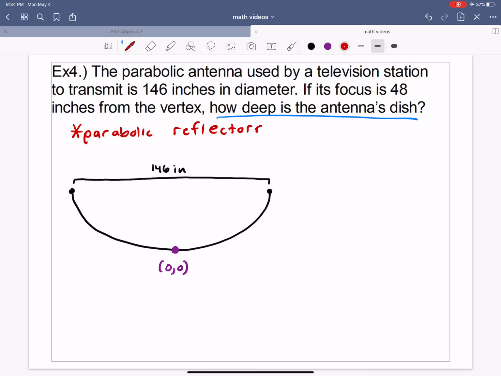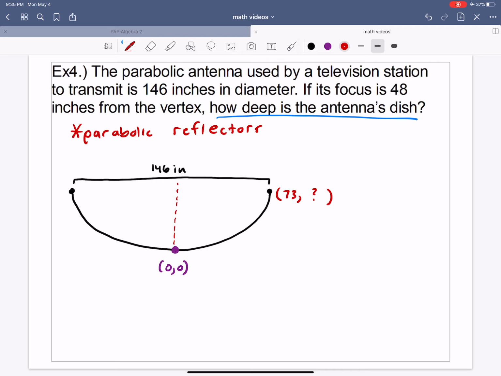If we know that that entire diameter is 146 inches, let's talk about the coordinate of this point right here. The coordinate of that point is going to be 73 inches to the right of the vertex, but we still don't know what the y value is yet.